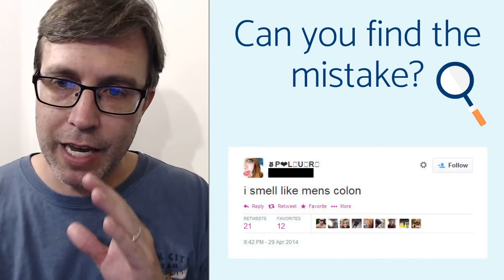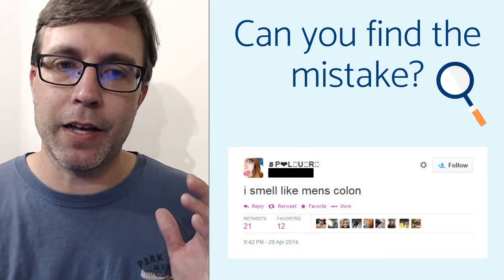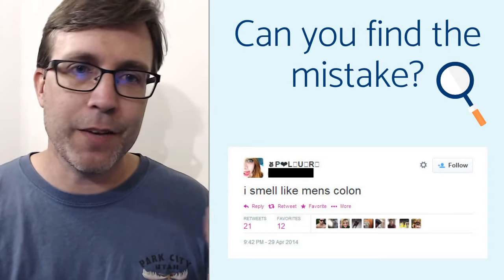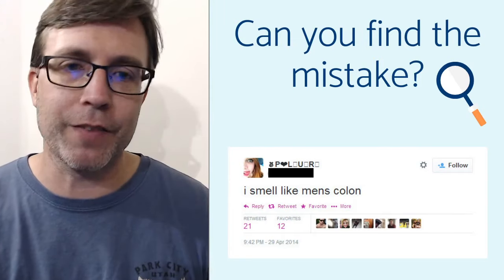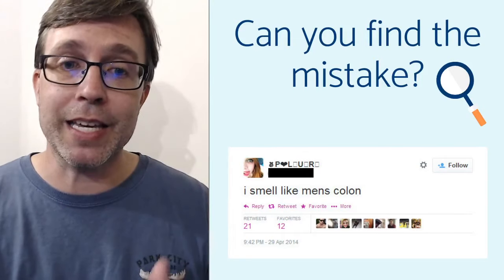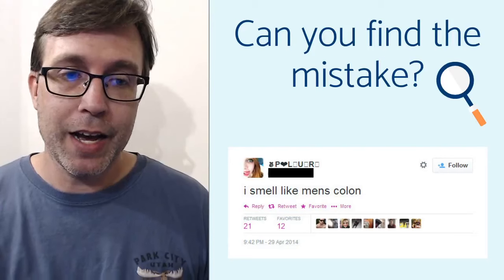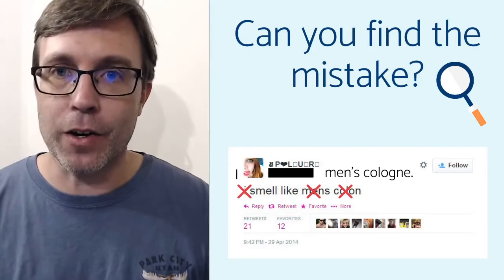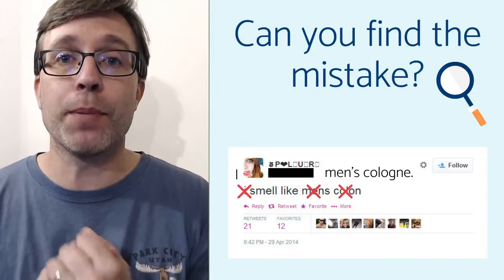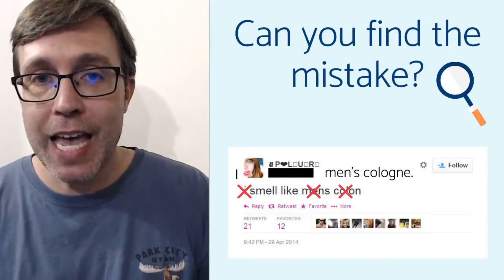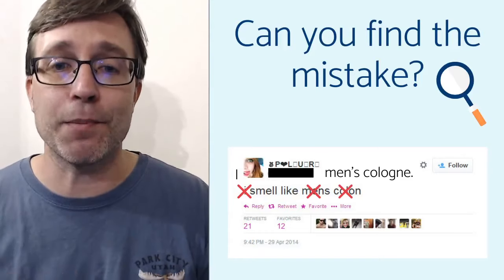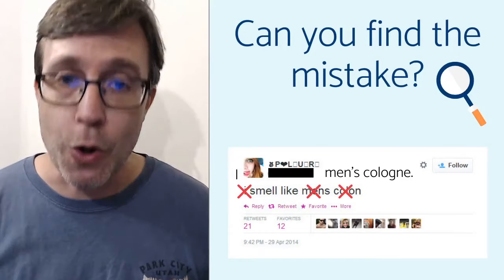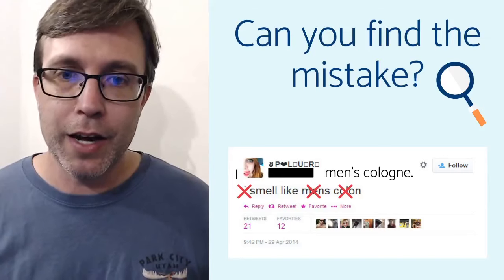Looking at the way it's written, if you're writing a sentence, the first word of a sentence should always be capitalized, capital I. And then, if you got the other ones, "men's" is a plural possessive: M-E-N apostrophe S. I smell like men's cologne, not colon.